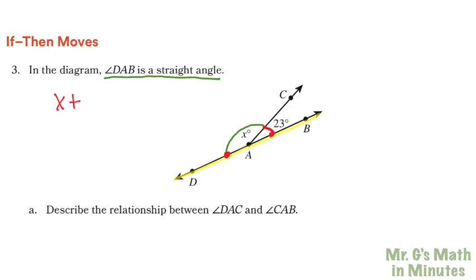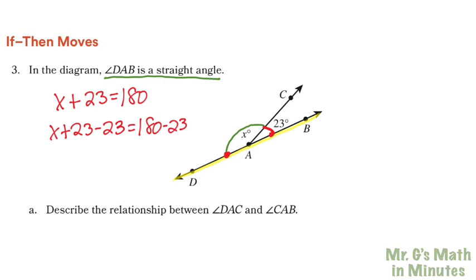X plus 23 is equal to 180. We do X plus 23, subtract 23 to get rid of that, equal to 180 minus 23. It's very important to do these algebra steps. You might want to do math all over the place and just circle an answer, but these algebra steps are very important for the rest of the module, which is why we need to get in the habit of doing them.